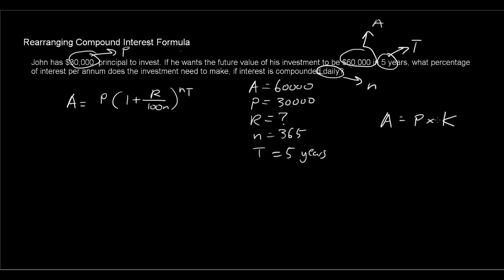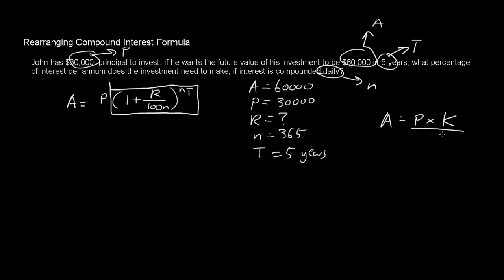So I just made up a whole random variable called K. K is pretty much this whole thing on the right. That's all one term. So if I want K to be the subject, I divide by P on both sides.